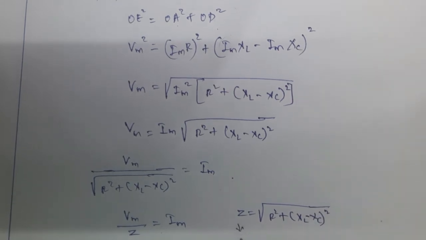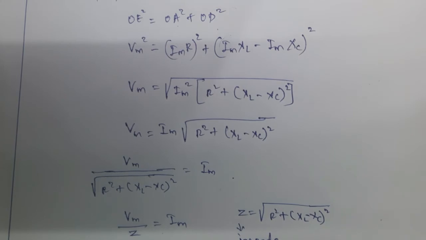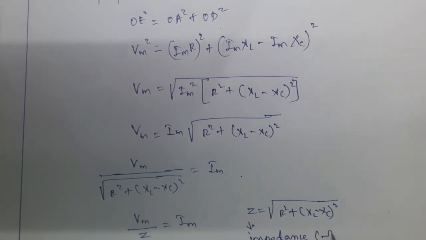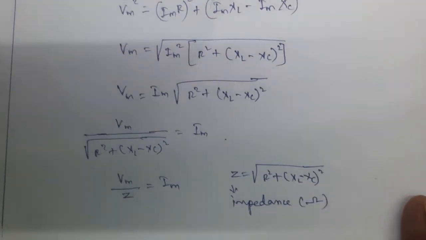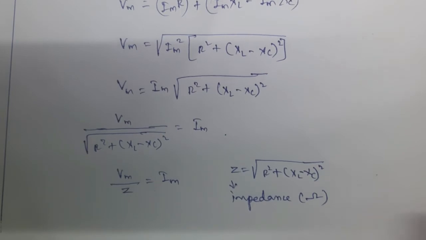Impedance unit also is ohm. Already we know that unit of resistance is ohm, unit of inductive reactance is ohm, unit of capacitive reactance is ohm. Then unit of impedance is also ohm. This impedance is nothing but effective opposition to the current by the series RLC circuit.